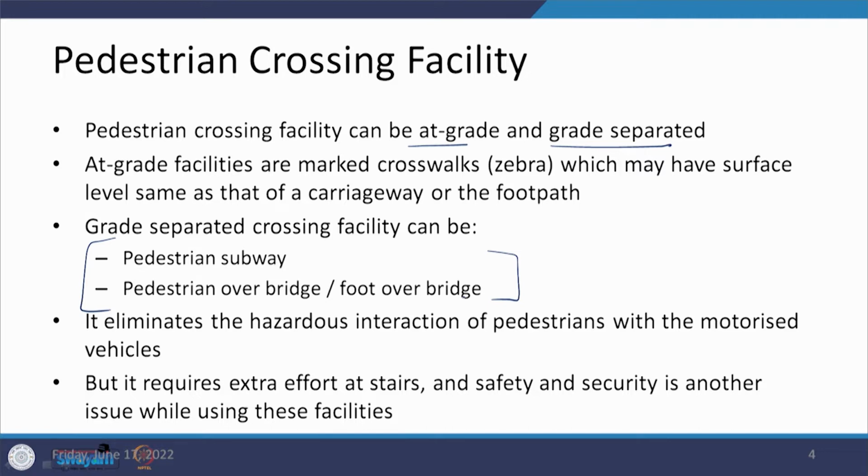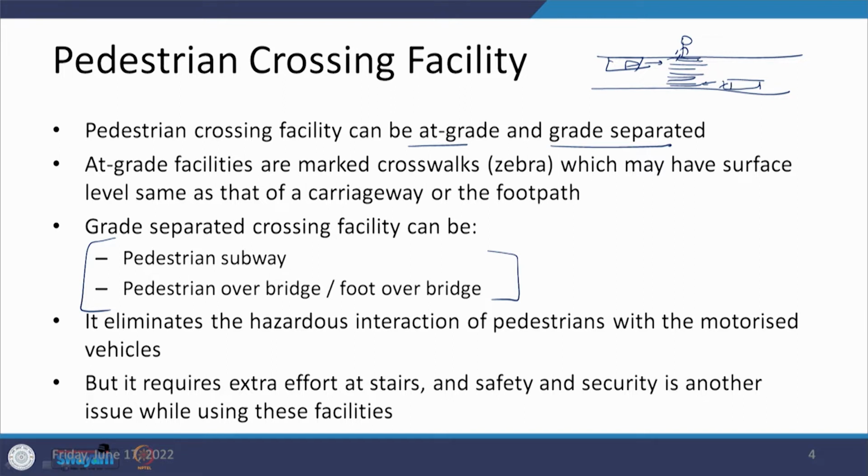Now, when we are talking about a condition where the people are crossing at grade by a marked facility, which is also known as zebra crossing, and vehicles are approaching this zebra crossing in this form, then there is always a possibility of a hazardous interaction between these two elements, that is the pedestrian and the vehicle.